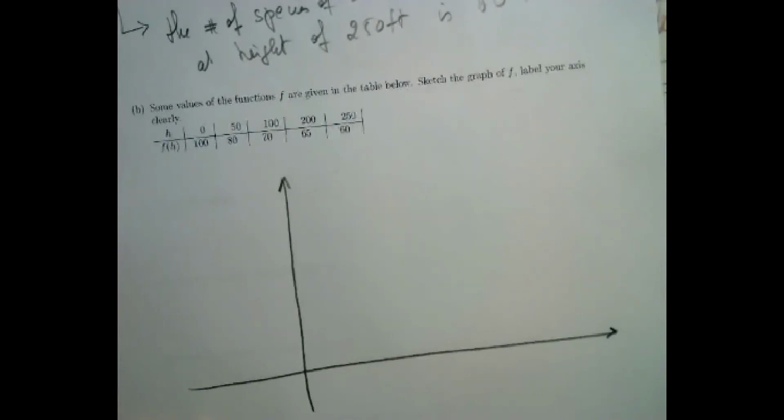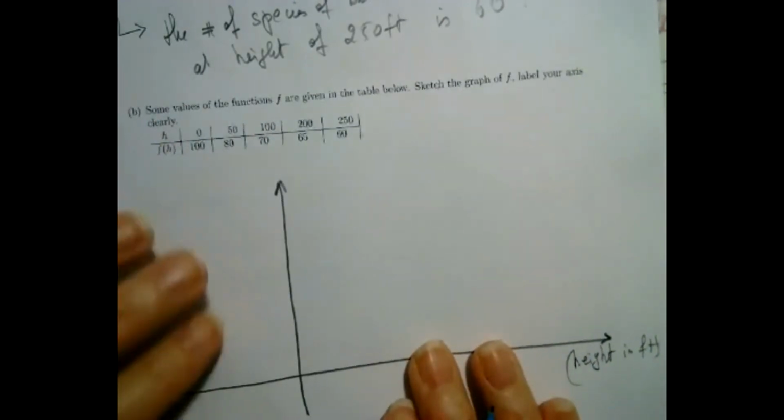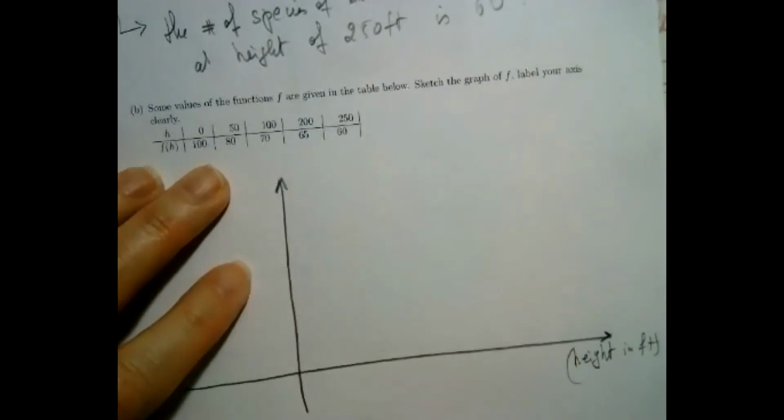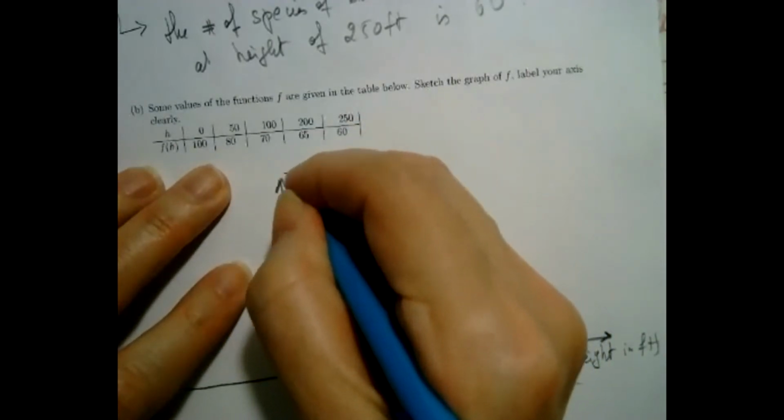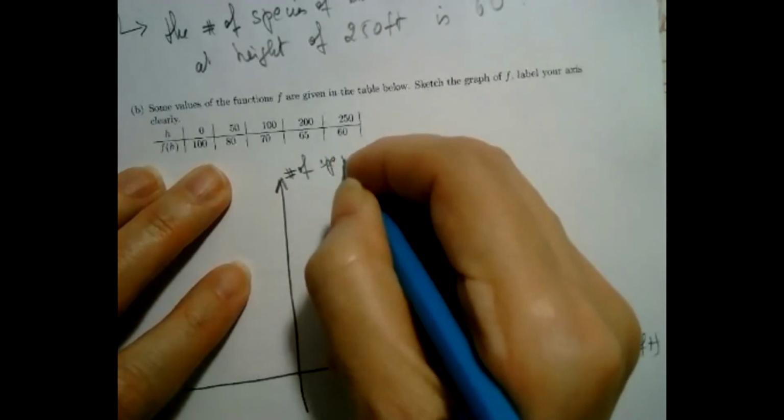Height, right. So on the horizontal axis always goes the input, which means the height in feet. As the height changes, the number changes. And on the vertical axis will go the output, which is the number of species of bat.